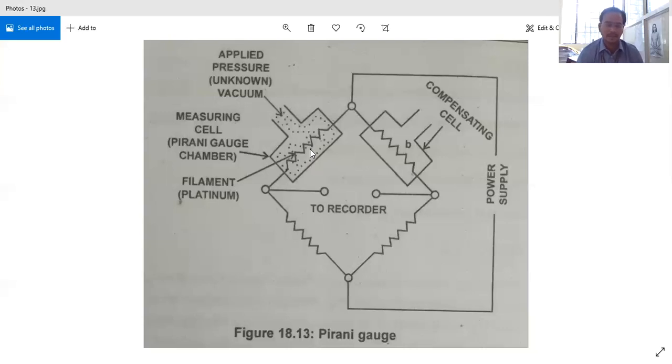The reason is that a current carrying conductor produces heat: H equals I squared R t, where t is the time for which the current flows.